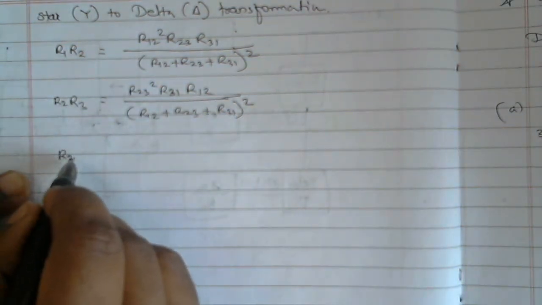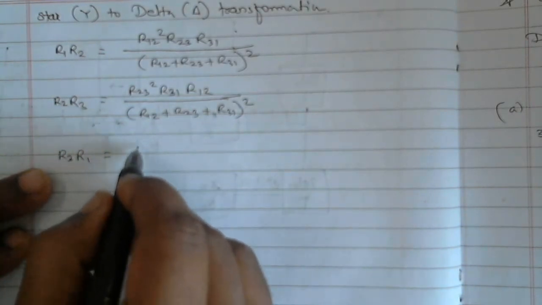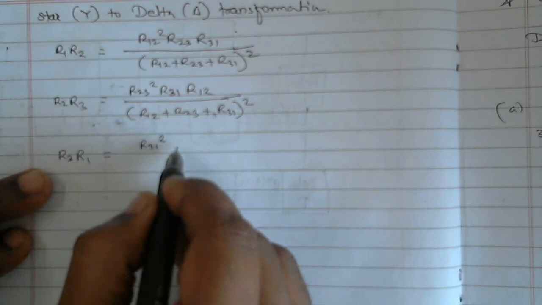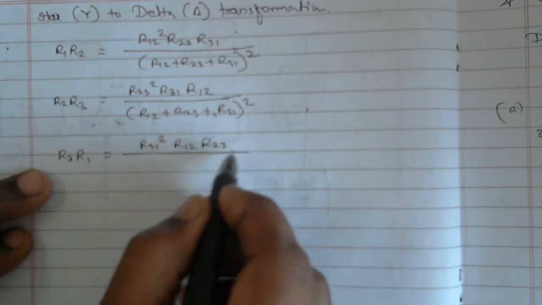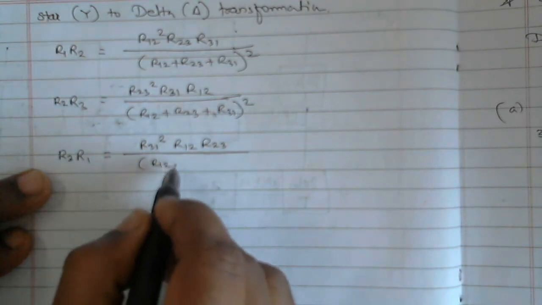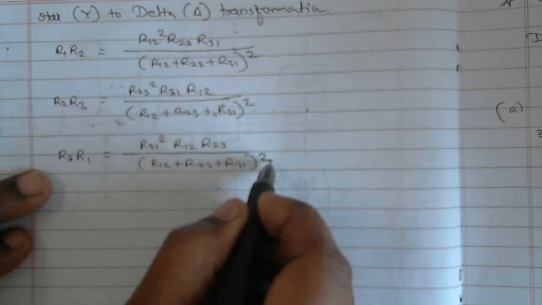Similarly, I will multiply R3 by R1, so it will be R31 squared into R12 into R23 divided by R12 plus R23 plus R31 squared.